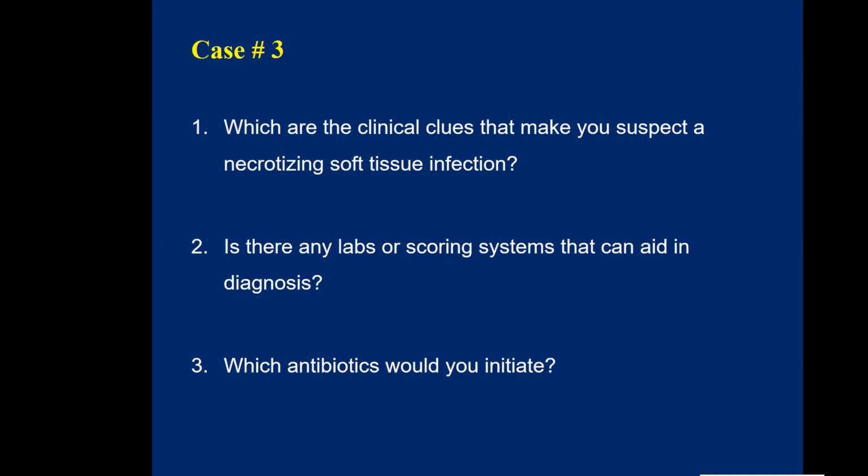Also a CBC to check the cell count. And blood cultures, I think, would be worth it in this case. About the scoring systems, unfortunately, I do not know any for necrotizing soft tissue infection. Yep, no worries. So lactate, if concerned for sepsis, very good. You can also get a CPK if you're thinking of muscle involvement, which can go high as well.